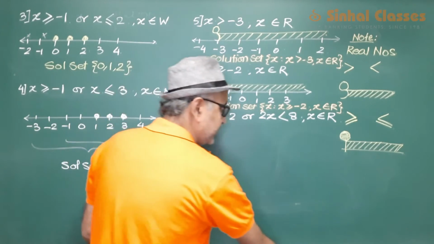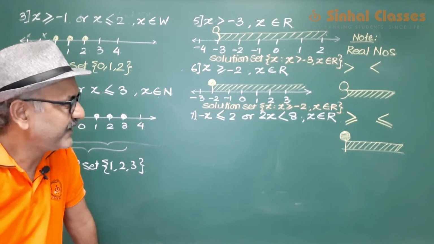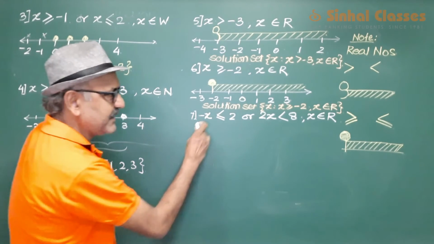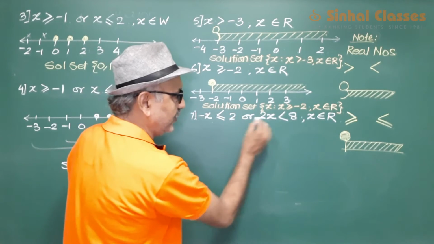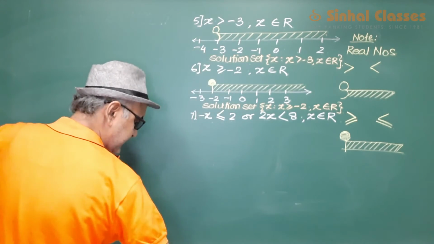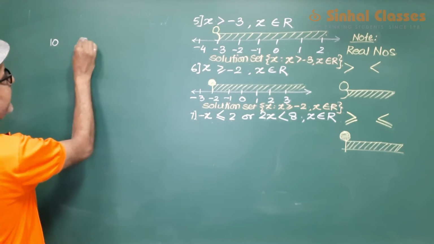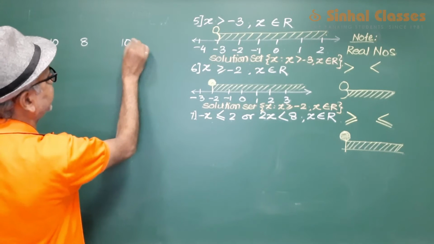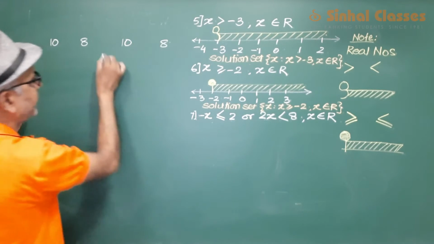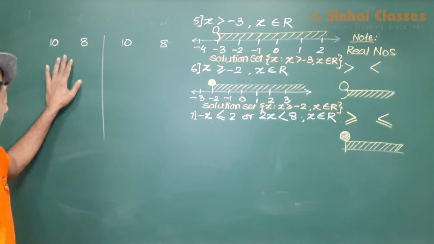Next, now we come to this last part of these examples. Here we are given -x is less than or equal to 2, 2x is less than 8. See, when you have numbers 10 and 8, out of these two numbers 10 and 8, which is greater?